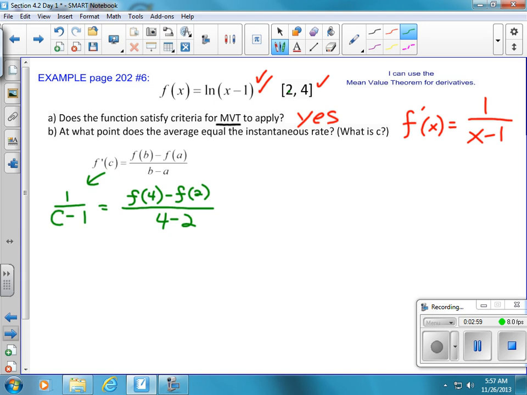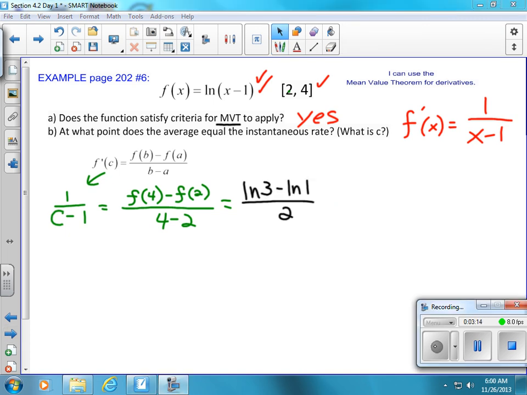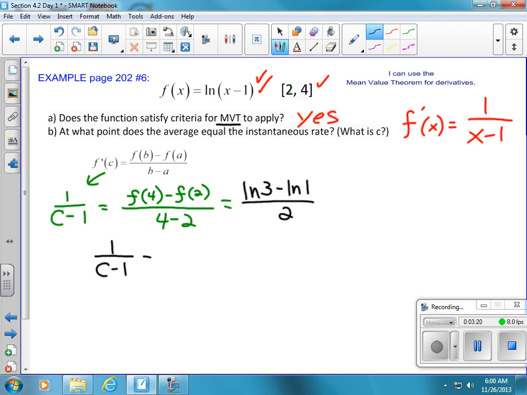So let's see, this function at 4 is ln of 3 minus the function at 2 is ln of 1 over 2. Okay, so let's continue on solving. We have 1 over c minus 1 equals ln of 3.